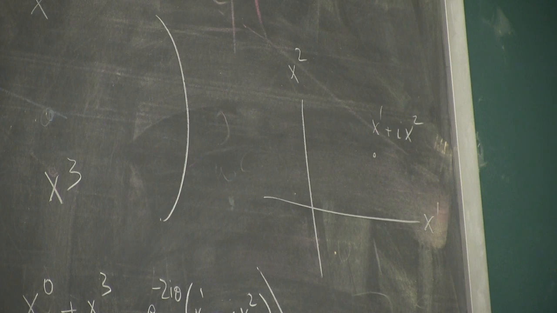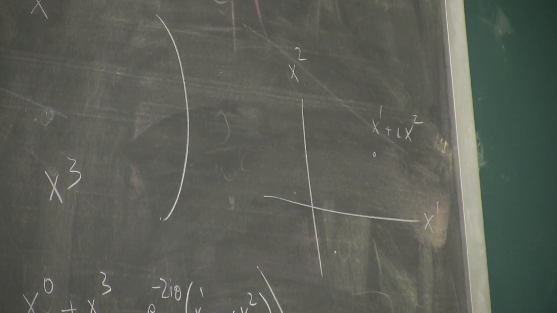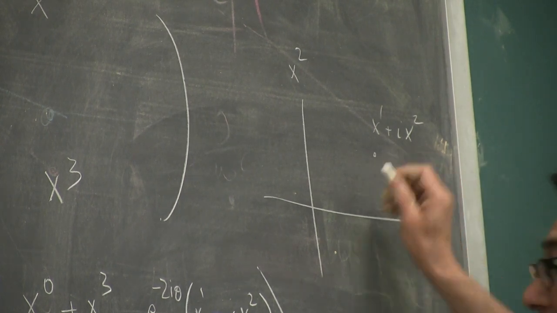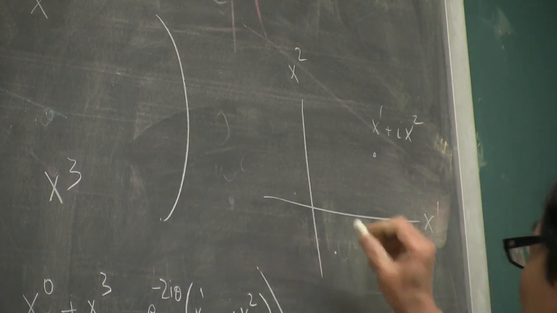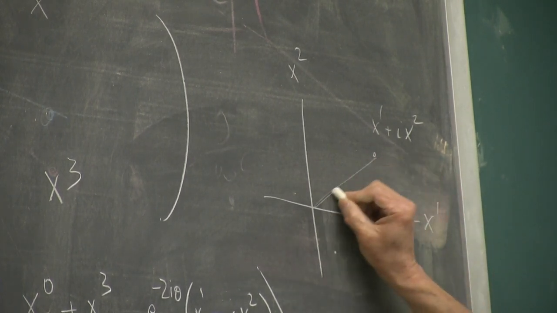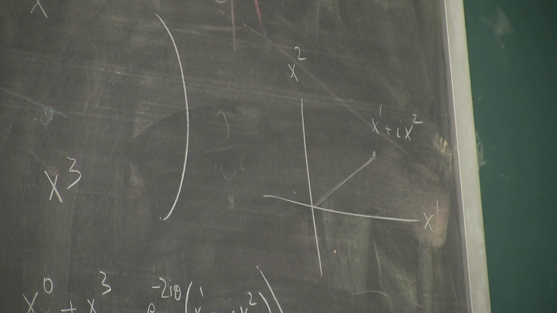If you look at the x1, x2 plane as the complex plane, with x1 being along the real axis and x2 being along the imaginary axis, originally this complex number is represented by this vector.